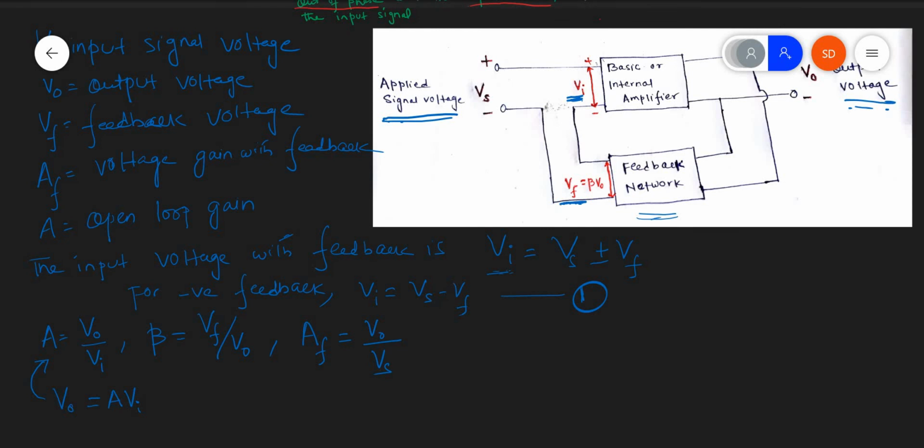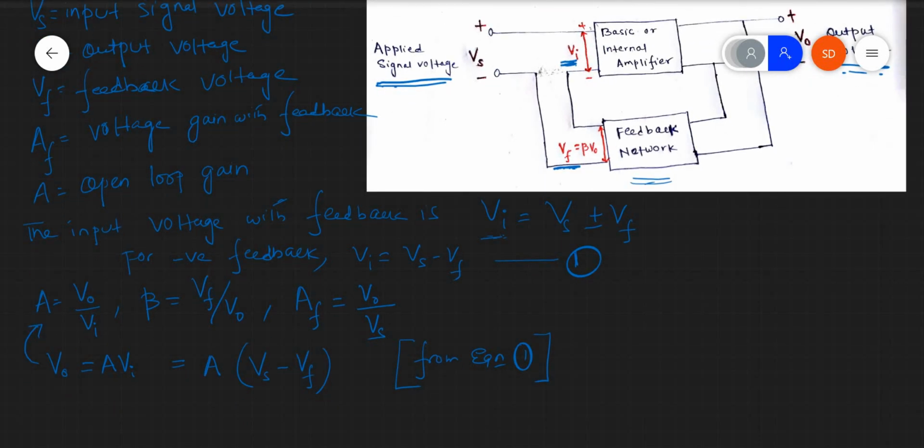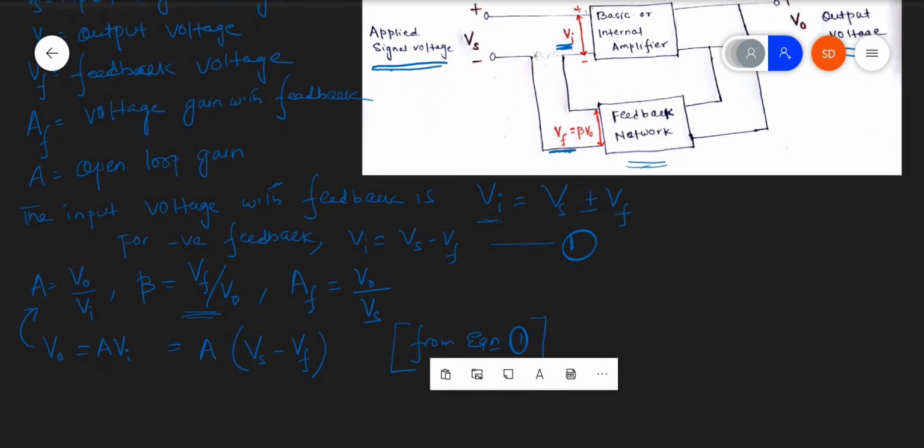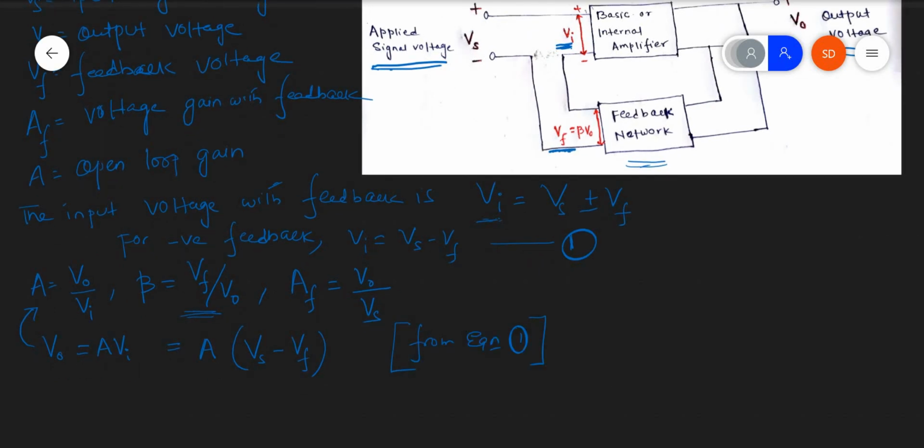Now from equation 1, what can you write? Vi is equal to Vs minus Vf. Now, what is Vf? Vf is beta times V naught. You can see from the figure also, Vf is equal to beta times V naught.